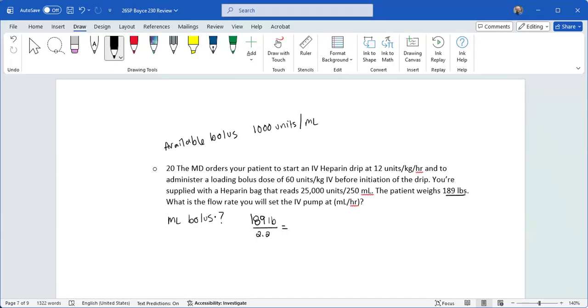85.9. Oh, okay, yeah. So 10.3 mL per hour is probably correct for the infusion rate. But I was asking you to calculate the bolus dose, so that's probably what happened there. For the bolus dose, you want to use the 60 units per kilogram and then the 1,000 units per mL. So I get 85.9 kilograms times 60 units per kilogram.